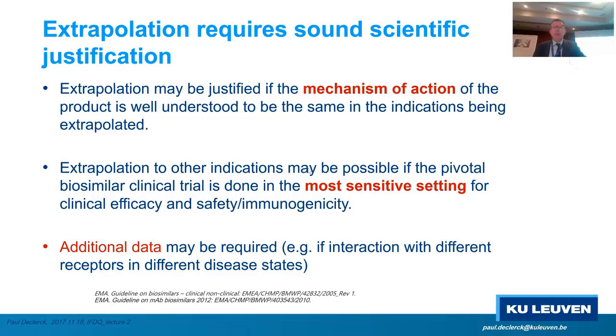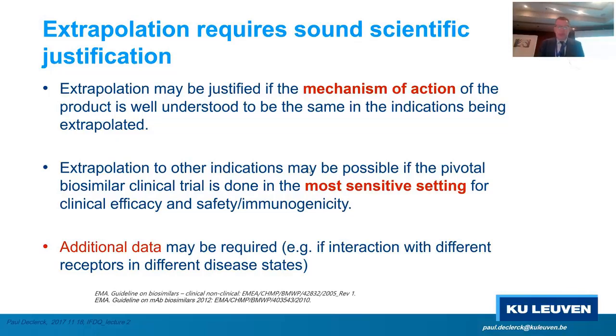First of all, it's very important to realize that this concept of extrapolation is only valid when the mechanism of action in the one disease for which you have studied your product is the same as the one for which you will extrapolate. And it's obvious that you need to do your first pivotal clinical study in what they then call a sensitive setting.